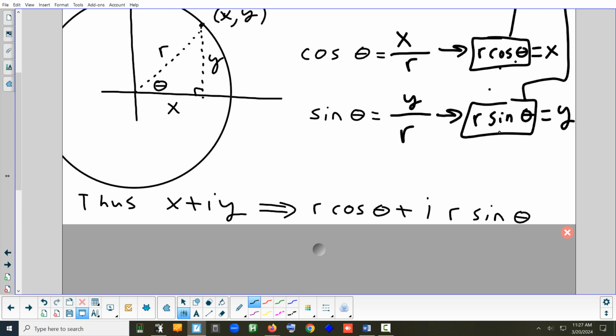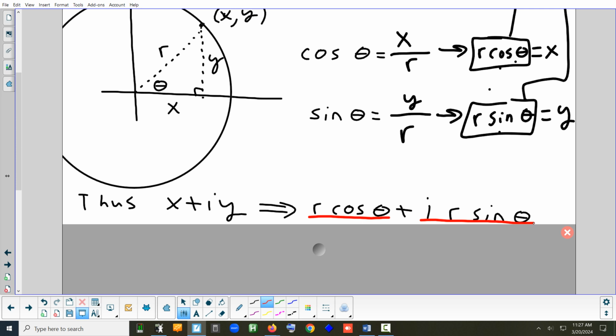So r is just like the hypotenuse? R is the hypotenuse. Now, what do this term and this term both have in common? R. Yeah, they both have an r. When two things have the same thing in common, it's like the r has been distributed out to it.